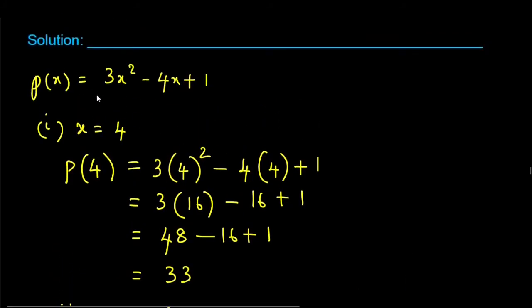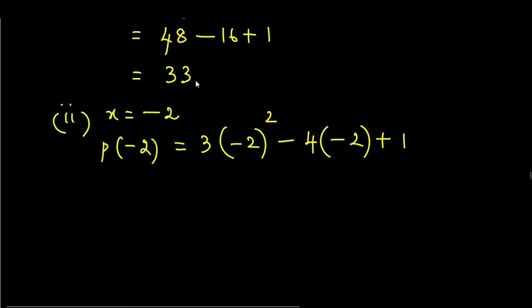What is P of x given here? 3x square minus 4x plus 1. In place of x, we have written minus 2 here. So 3 into minus 2 whole square. Minus is multiplied 2 times, so we get positive. Minus 2 into minus 2 is plus 4.